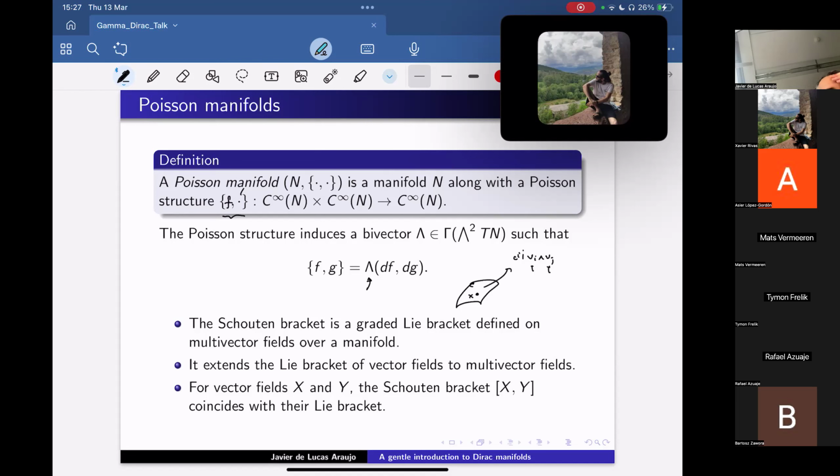So when you have the space of multi-vector fields on a manifold, normally it is written in this manner. These are multi-vector fields.